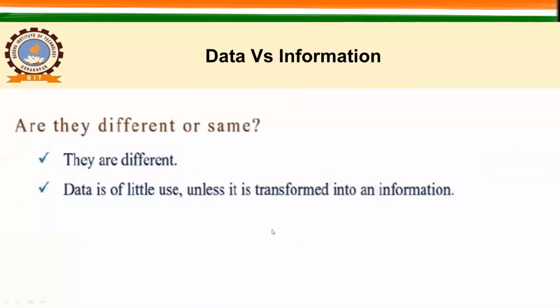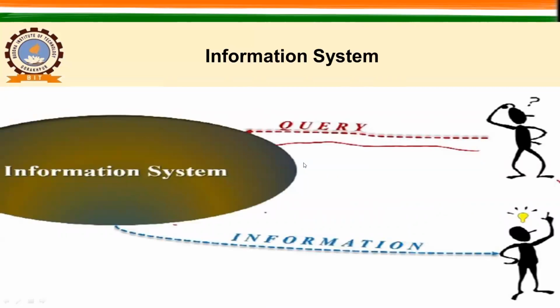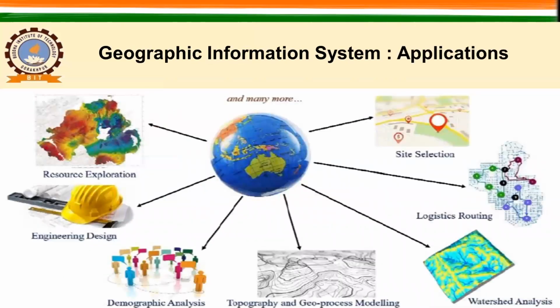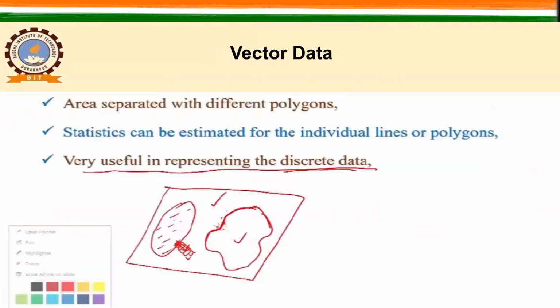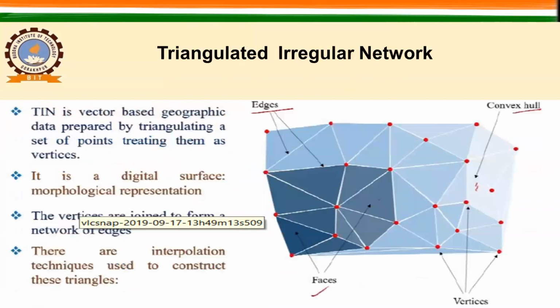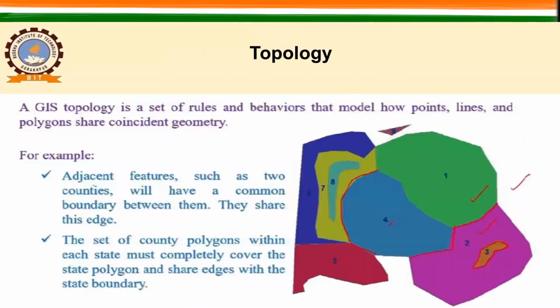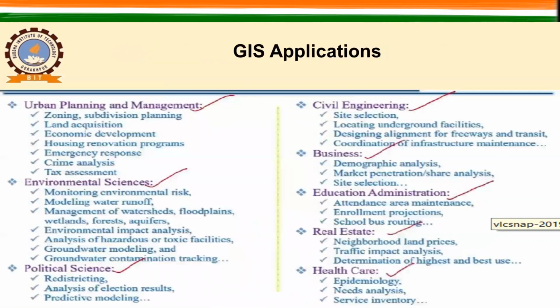After the definition we also saw the difference between data versus information, then how to transform data to information, then the information system, then digital information system, then the geographic information system, its applications, data types, raster data, vector data, then triangulated irregular network, then data representation, attributes, topology, typical structure of GIS, and integration of information.